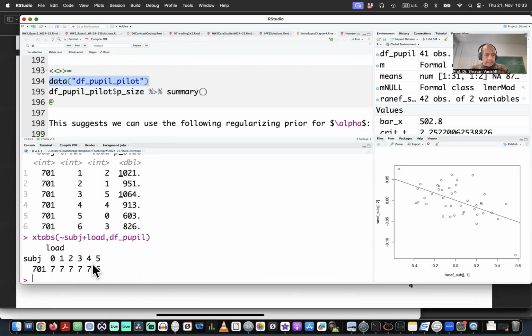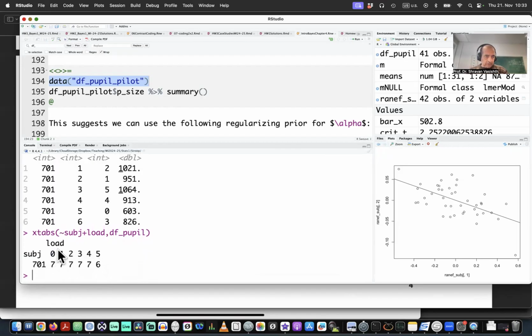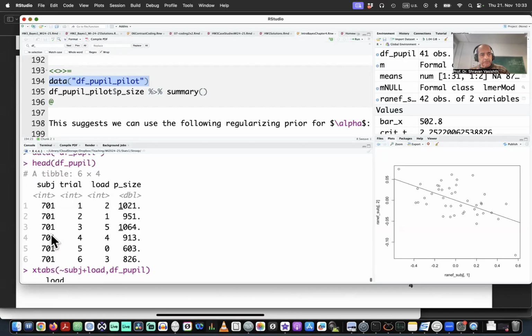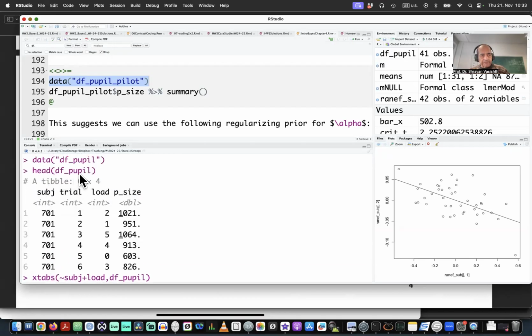I certainly am surprised that there's a load level 0. Anything non-zero I can understand, but I'm not really sure what it means to be 0. I think I've forgotten what the setup for the experiment is. In any case, there are 6 levels here, and we have repeated measurements for each level from this subject. Normally, in real life, this is probably just a subset of the real data.